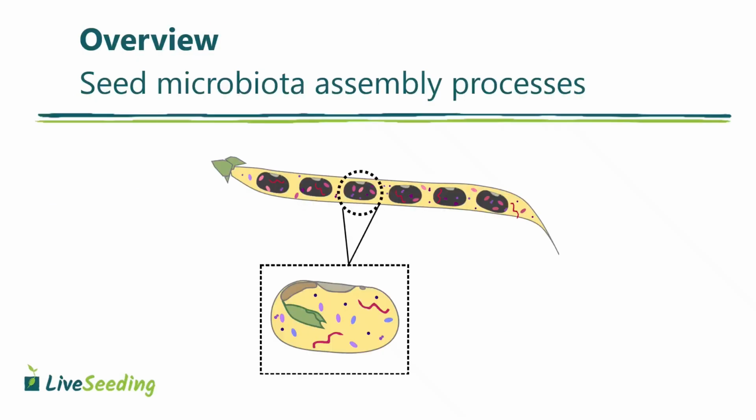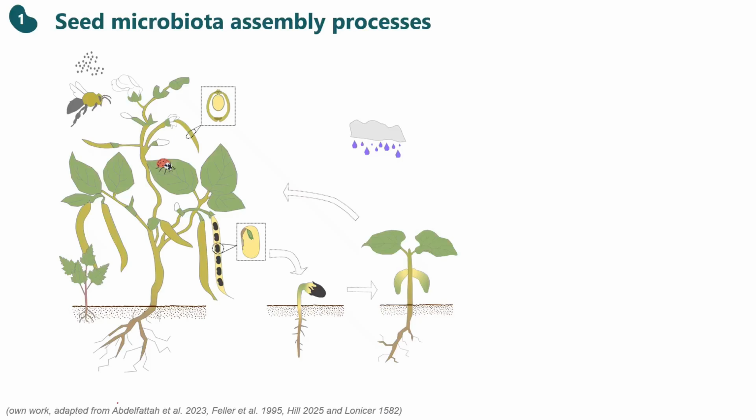Okay, now we'll go a bit further in this introduction and we'll take interest in the processes underlying the seed microbiota assembly, meaning how and from which sources seeds can acquire their microbiota. And as a backdrop to this further presentation, we'll again be using the common bean plant life cycle from seed to seed in its own particular environment.